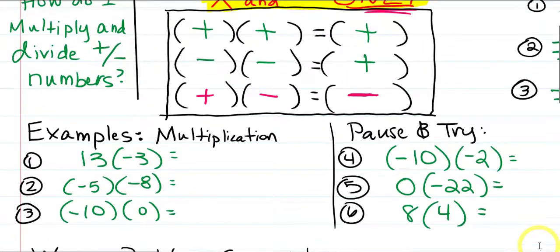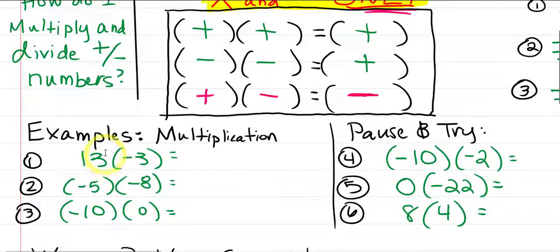All right, so here we go. How do we apply this when we're doing some multiplication problems? First of all, I want to show you how we indicate multiplication now that we're moving into algebra. We use parentheses. We're no longer using the dot or the X to indicate multiplication. Most of the time, they'll look like example number 1, where you have the first number outside of parentheses, but it's touching right up against the parentheses of the second number.